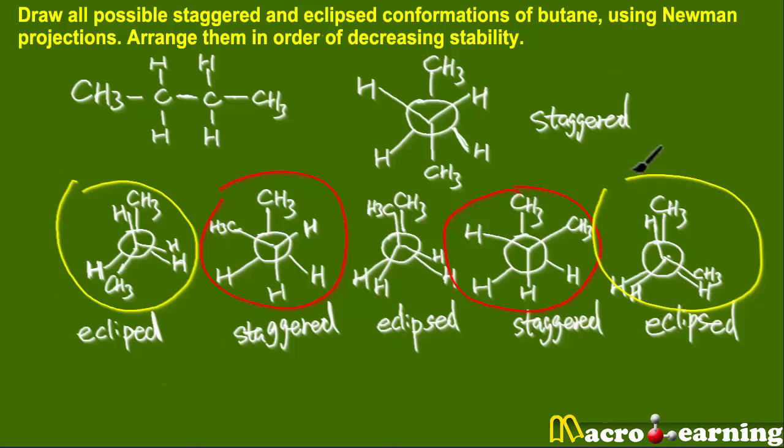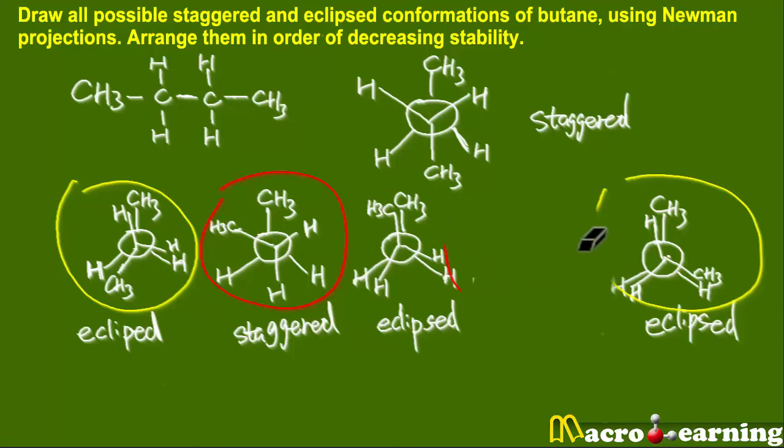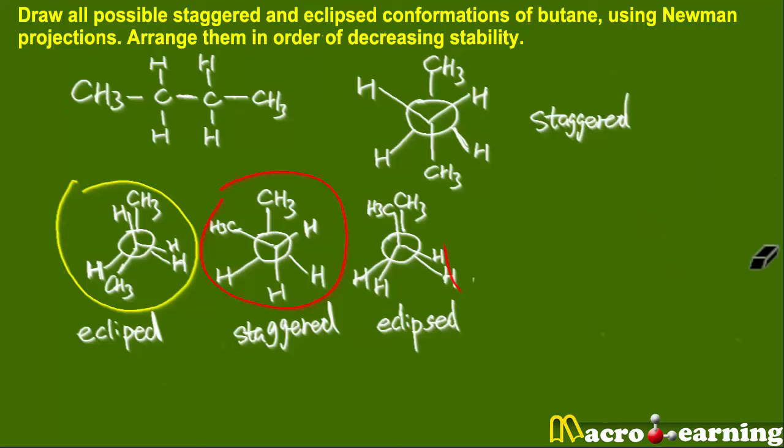So anyway, we can just cross out either one of these in the red, either one of these in yellow, but let's cross out only the ones on the right hand side. Let's see, eraser, okay. So we end up with 2 staggered and 2 eclipsed conformations.